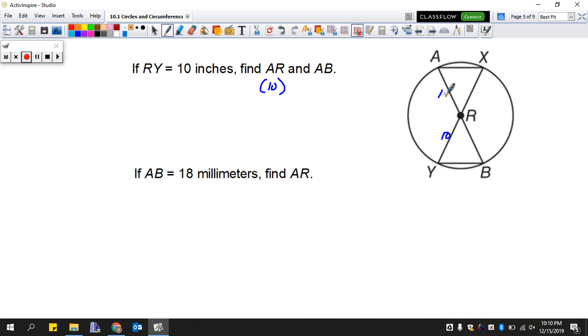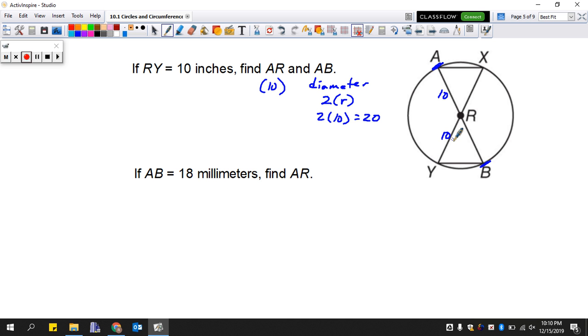Then it says AB, that's the diameter, and we know that the diameter is equal to 2 times the radius. Which would be 2 times 10, which is equal to 20. So AB is 20.